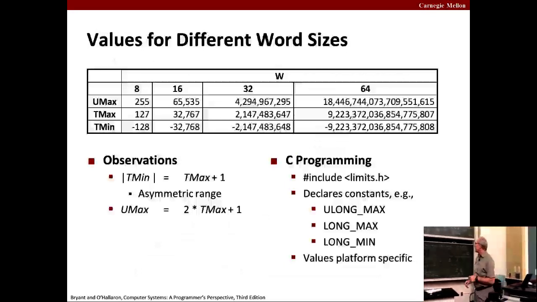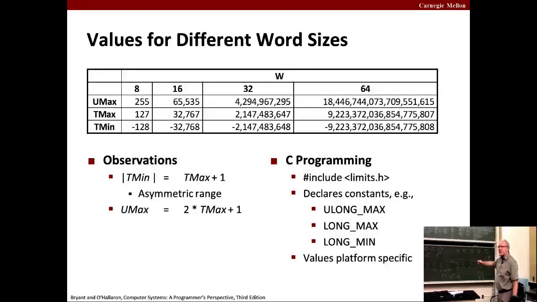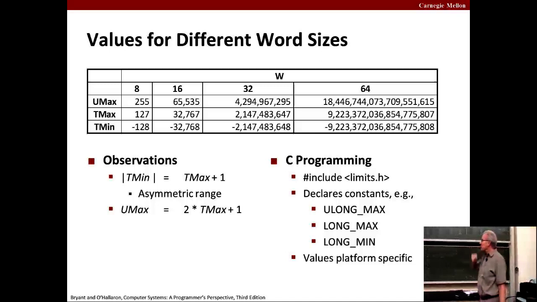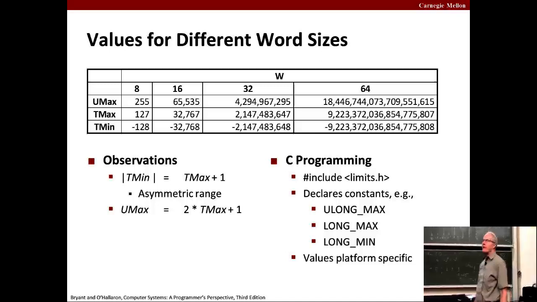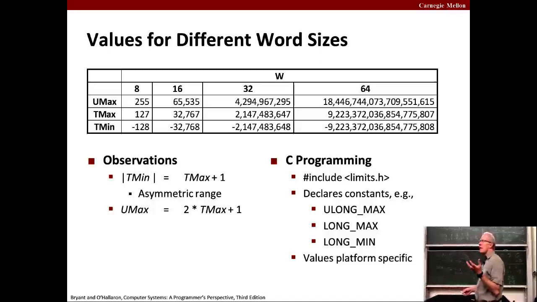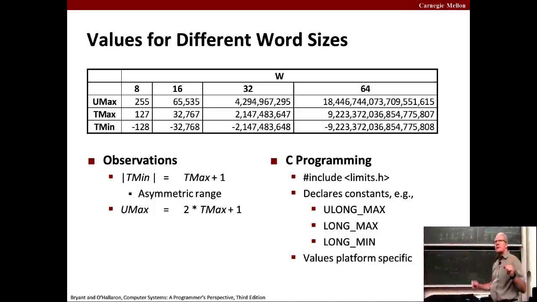So these numbers I call U max, the biggest unsigned number, T min, the smallest, most negative 2's complement, and T max, the largest, most positive 2's complement. This chart shows the range of values for different word sizes, or different numbers of bytes. And so you'll see that with an 8-bit number, you only have 256 possibilities, right?